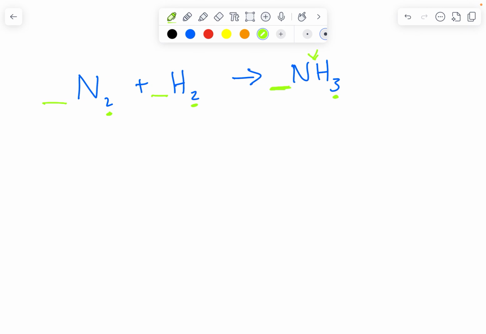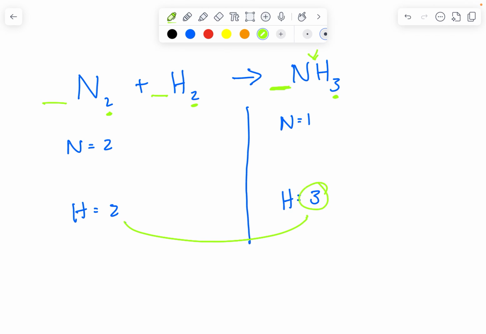So let's go ahead and make our partition. I've got nitrogen. There's 2 nitrogen atoms. I've got hydrogen. There's 2 hydrogen atoms. That's pretty normal. Now nitrogen on this side, I got 1. Hydrogen on this side, I have 3. Now, we have a problem because it's a little bit harder to match up these 2 numbers because we have an odd here and an even here.